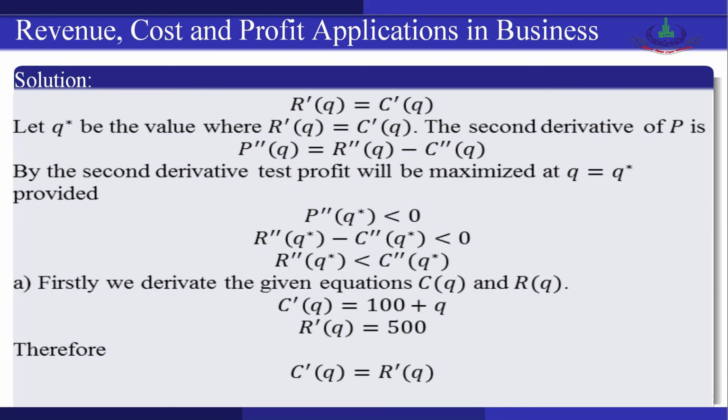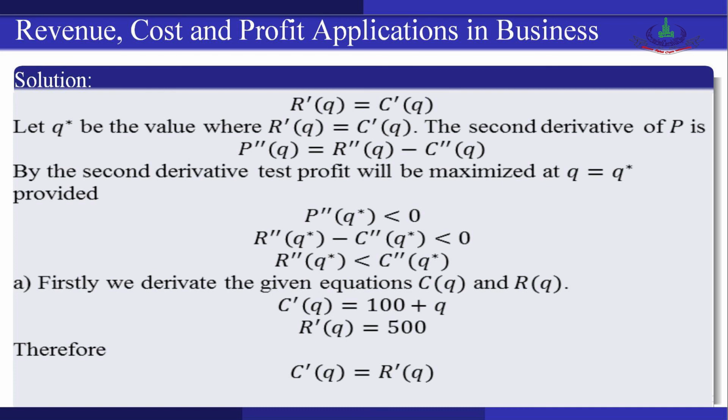Now the second derivative of P is given by P double prime of Q, and it is given by R double prime of Q minus C double prime of Q. By the second derivatives, we know that the profit will be maximized at the point Q is equal to Q star, provided that the second order derivative of P at that point, that is P double prime at Q star, will be less than 0.